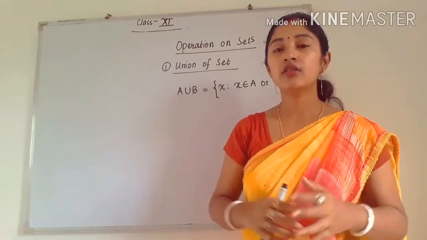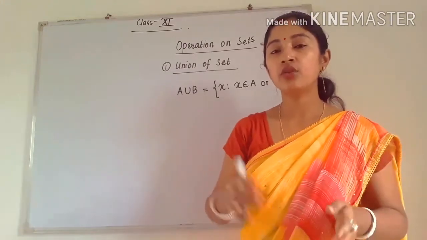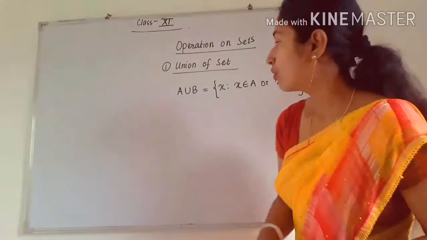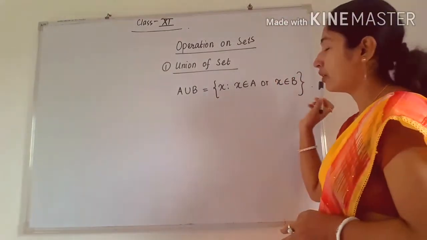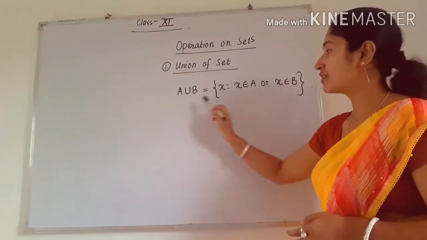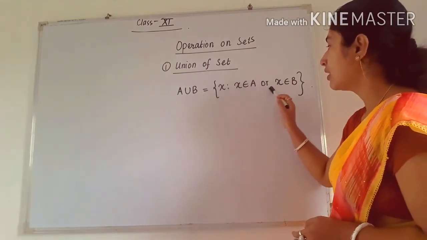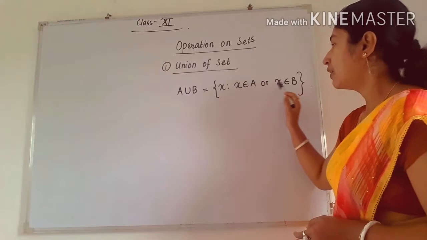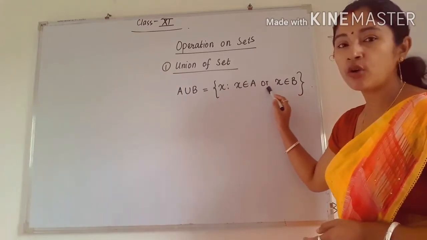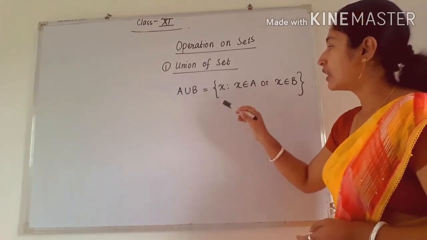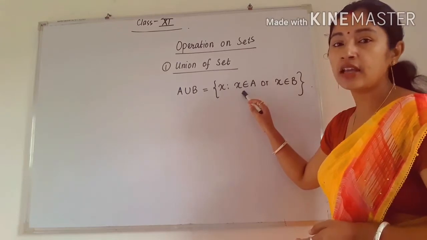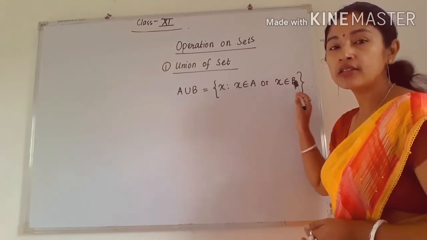Then the union consists of all the elements. The mathematical representation is: A union B is equal to the set of all x such that x belongs to A or x belongs to B. Remember, here we have to write or. Or means the element should either be present inside A or it may be present inside B.